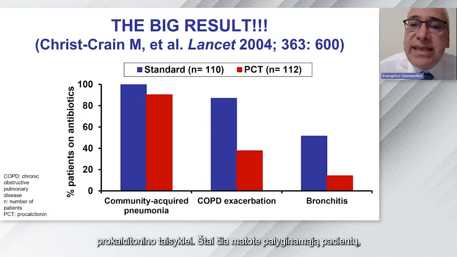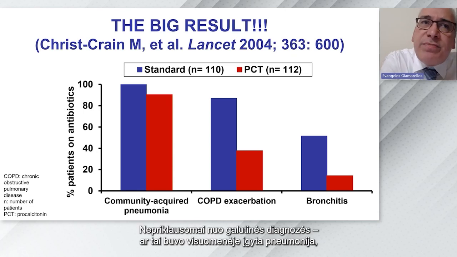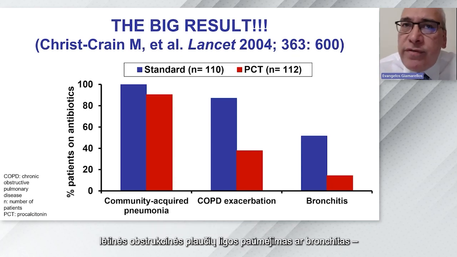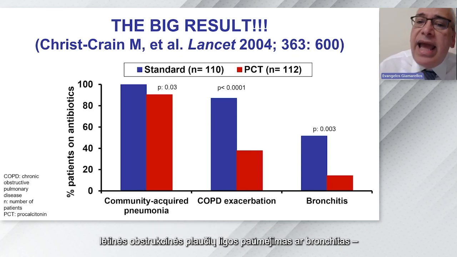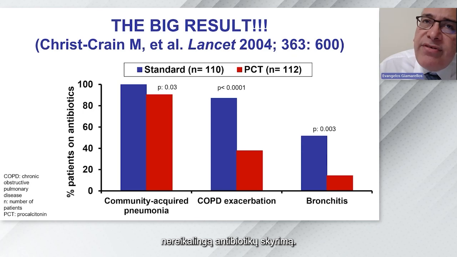And as we can see, we have here the comparison regarding the percentage of patients on antibiotics, irrespective of the final diagnosis, whether community-acquired pneumonia, exacerbation of chronic obstructive pulmonary disease, or bronchitis. Guidance by procalcitonin managed to decrease the unnecessary prescription of antibiotics.